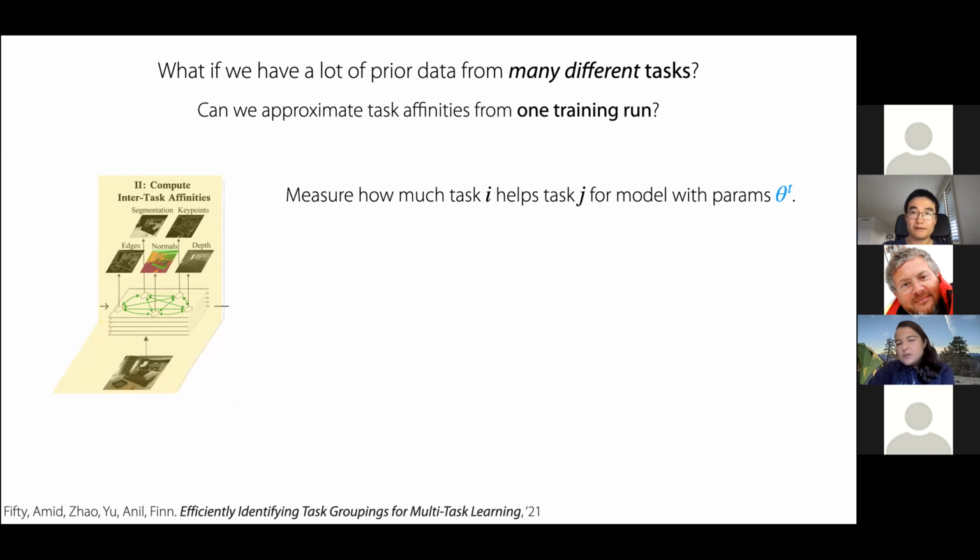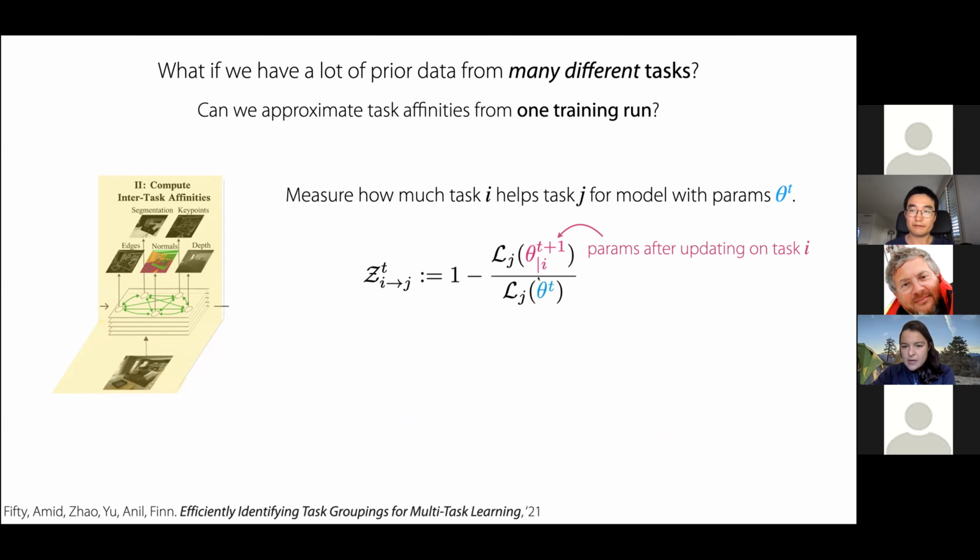Ideally, what we want to be able to measure is how much training on one task is helpful for another task for a particular model. And what we're going to do is look at this very simple equation here. In particular, it's looking at the parameters of the model after you update on task I, and it's going to look at what the loss is for task J after you do that update.